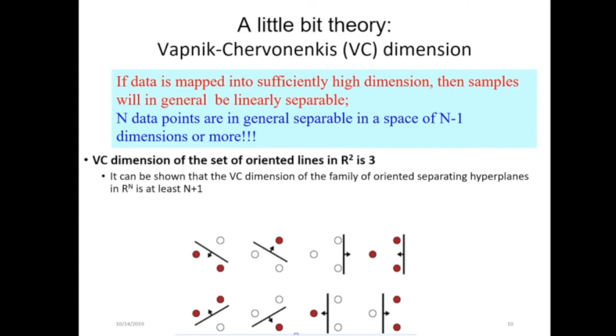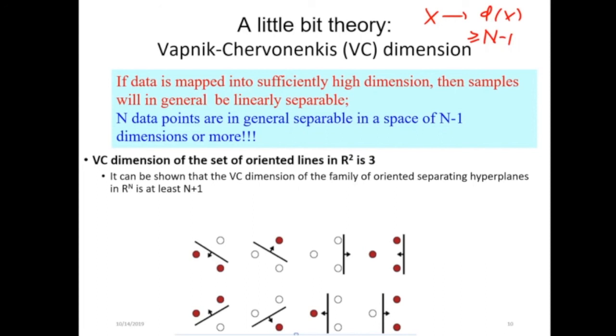Then in that phi(x) space, I can always linearly separate the 2 classes. If the dimension is larger than or equal to n-1, it's guaranteed I can find a linearly separating hyperplane given the n training data.